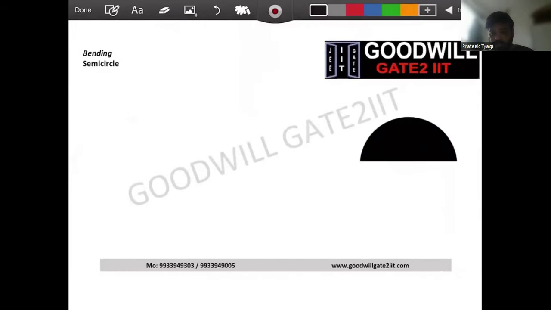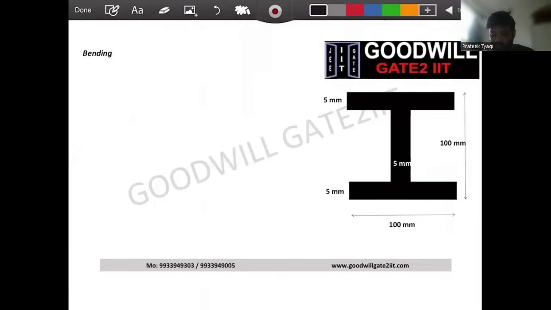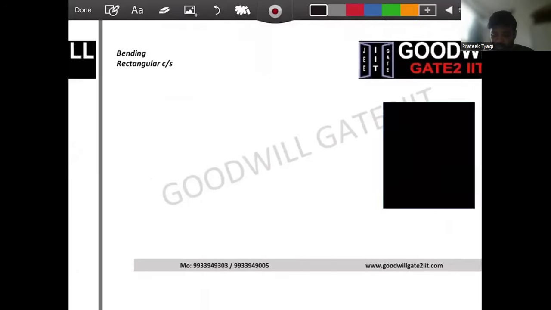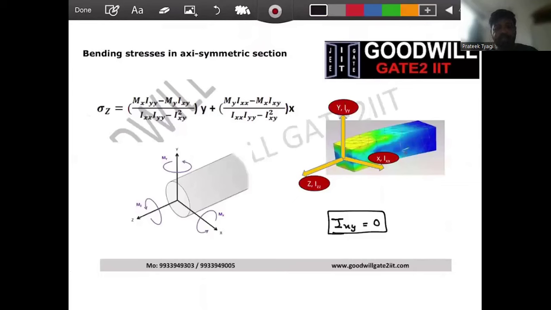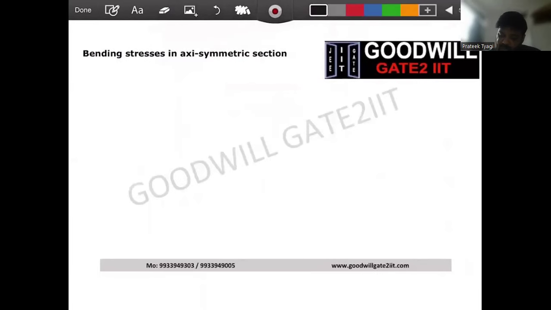We will do that all slowly. As of now, just take this note so that you know this equation properly. So just keep one thing in mind. If your cross section is symmetric, single or doubly anything, IXY is 0. Keeping this in mind, I want you people to understand one thing.